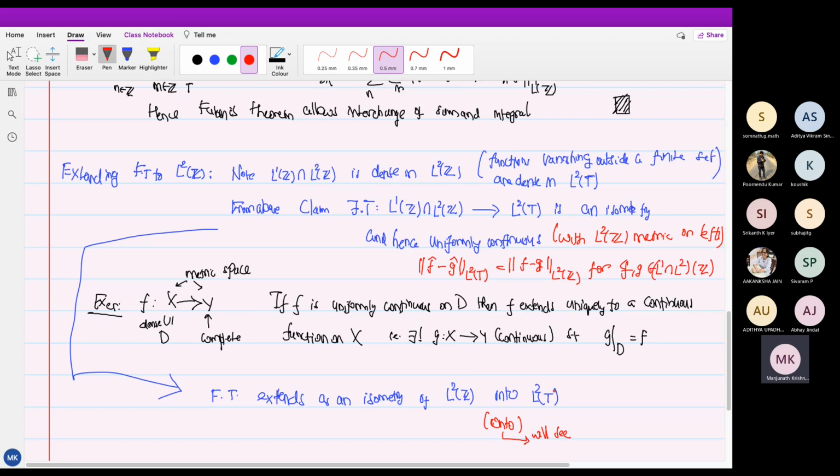It is not yet clear that it is onto, but it will extend as an isometry of L2 of Z into L2 of T.